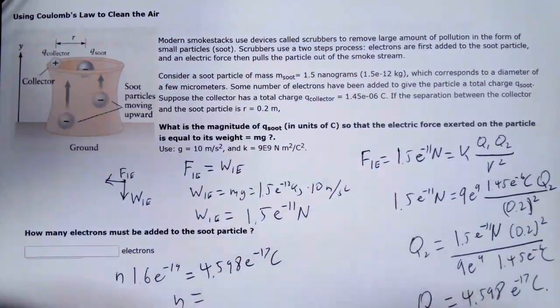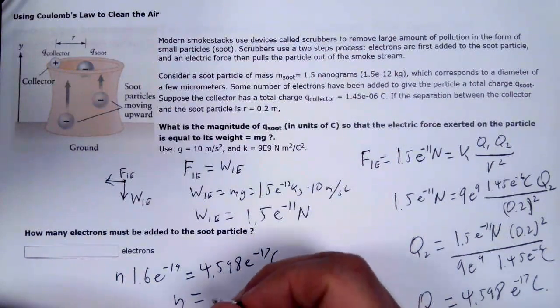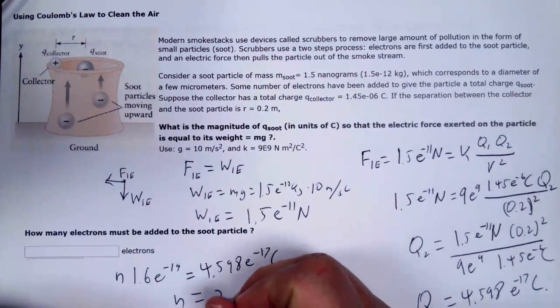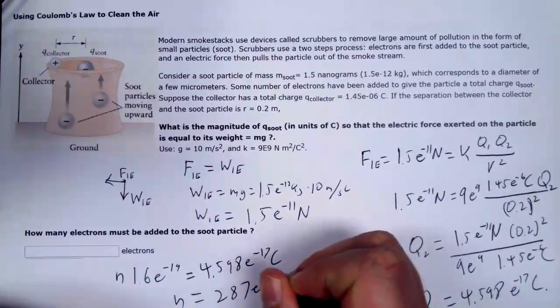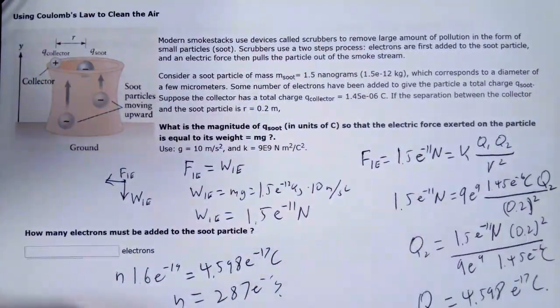So we divide 4.598 e to the negative 17 by the electron charge, and we get about 287 electrons. Okay, so that's the strategy on this.